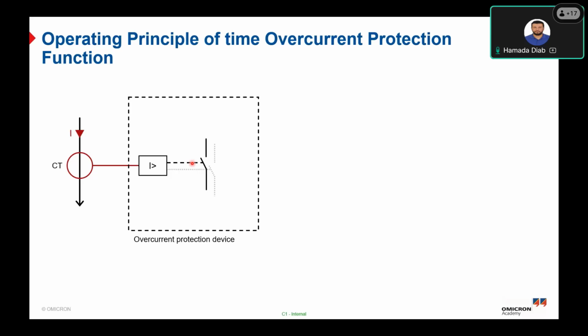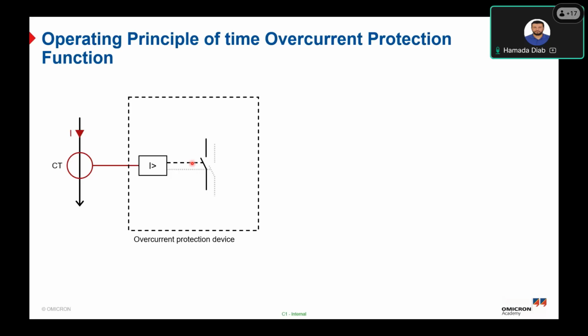But what if this selectivity is not enough? Now we are using the current and the time grading. But what if the usage of current and time grading is not enough for providing the selectivity and the sensitivity in your power system protection in your substation? In this case, we will need one more criteria to define the direction of the fault.